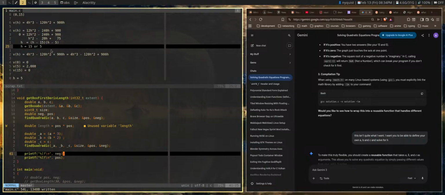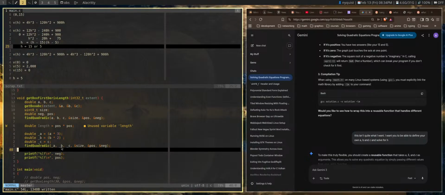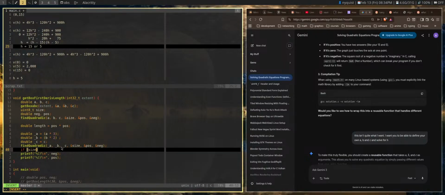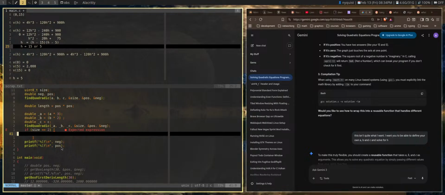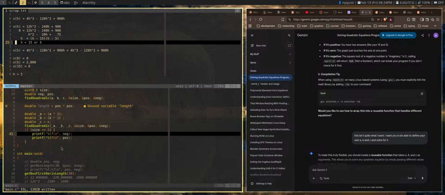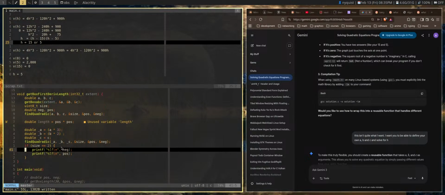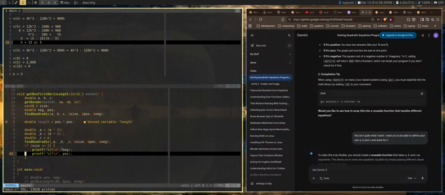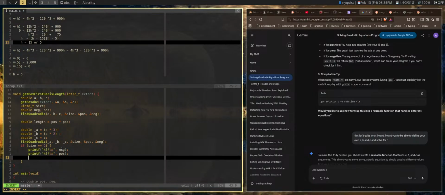So if we got 5 or 15, let's just say if size... Whoa. We'll have to do something different if size is equal to... Let's get the quadratic formula. Find quadratic is like the thing we're going to be using the most.